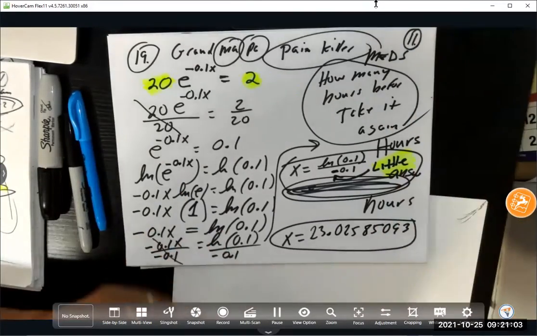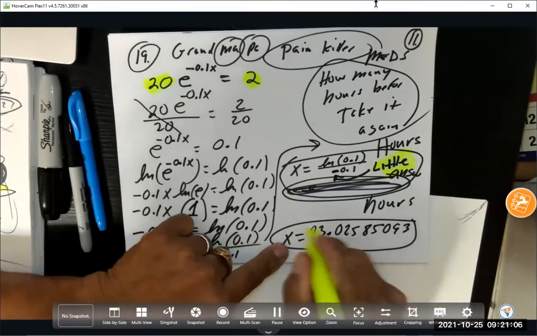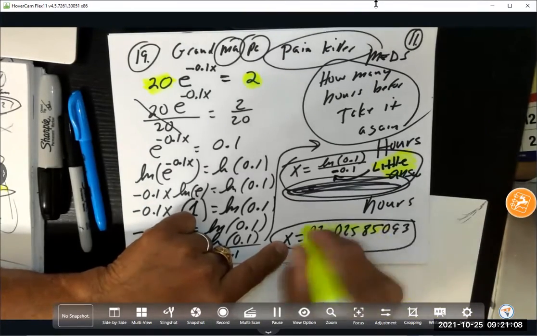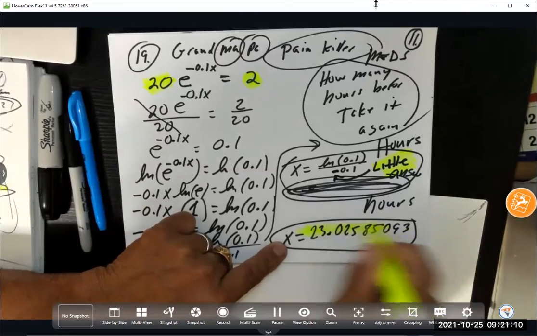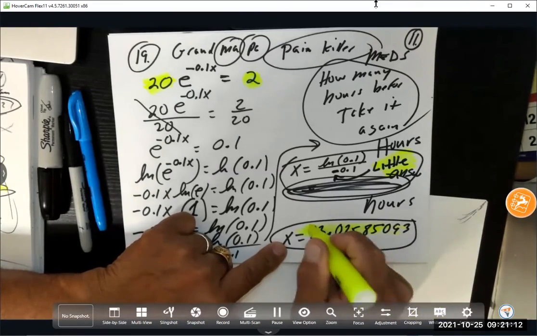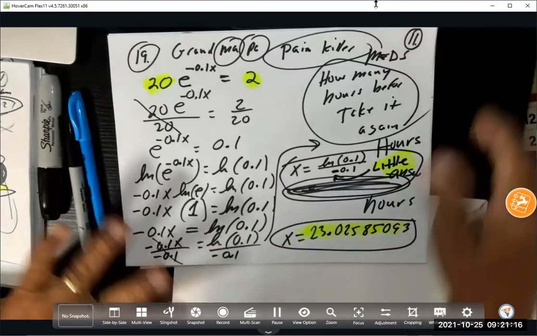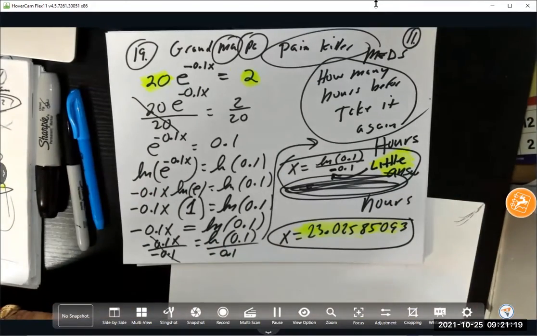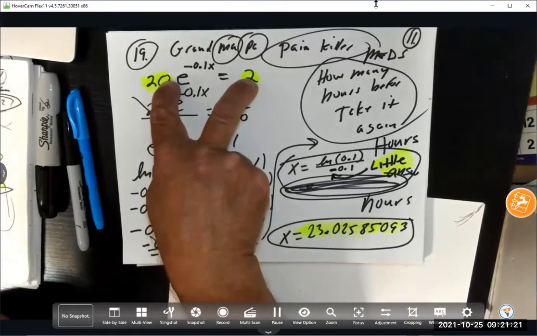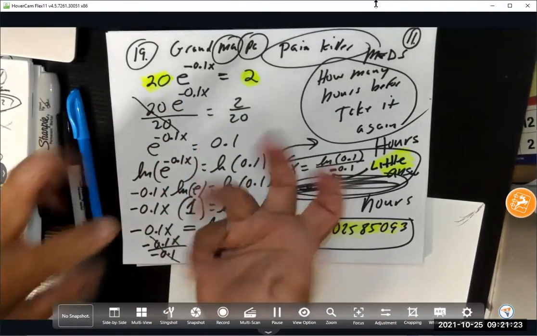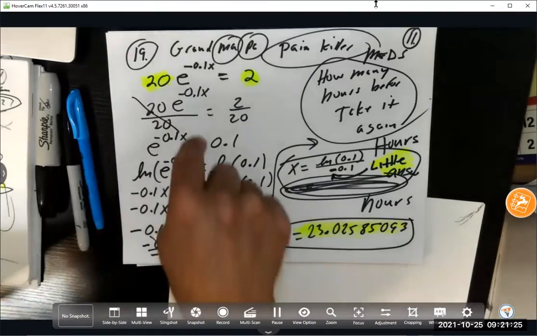All right. So in 23 hours, like what day? Tomorrow. They take it right now at 9:30 in the morning. We have to wait till the next day at 9:30 in the morning because otherwise you're gonna get too much painkillers. It's gonna be over medication, overdose, and it's gonna be a bad thing. So they take the medicine now. They're okay. Their hand hurt, feels good. Their arms feel good. The body's good.